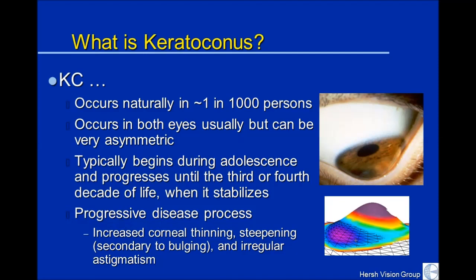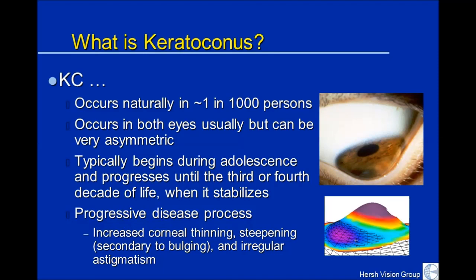But as we learn more, as more patients are screened, with the development of new technologies that allow for early diagnosis, I think certainly the incidence of KC is at least 1 in 1,000, if not well over 1 in 1,000. Typically, both of your eyes are affected, but it can be very asymmetric. So you can have one bad eye and one good eye, and there are few people who have one eye that has KC, and the other eye really doesn't have signs of KC.